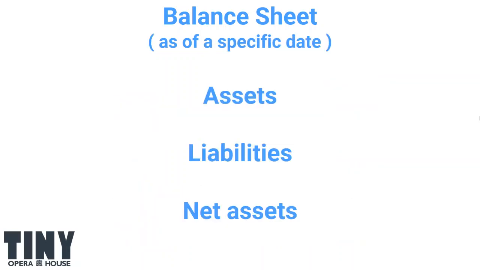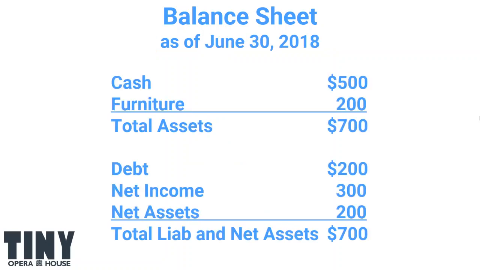So this is sort of like an equation: assets are equal to the amount of liabilities that you have plus the net assets, which is the accumulation of all of your income minus expenses from the history of the universe up until now. And that's why we call it a balance sheet, because these two things are supposed to balance.